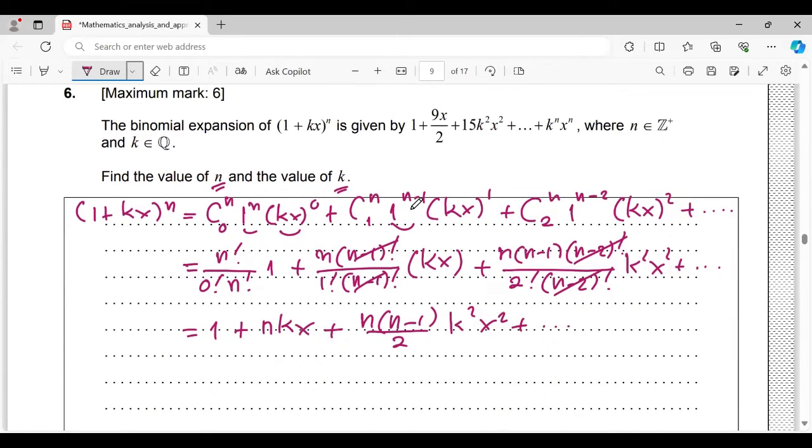According to this information, that the expansion being like this, so we are going to compare 15k squared x squared.